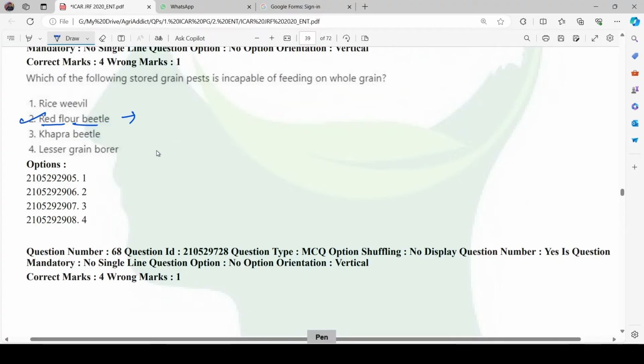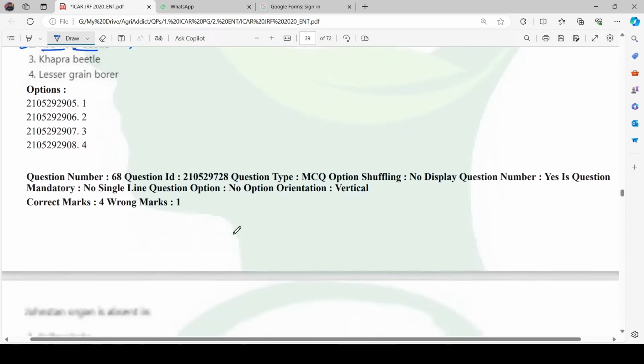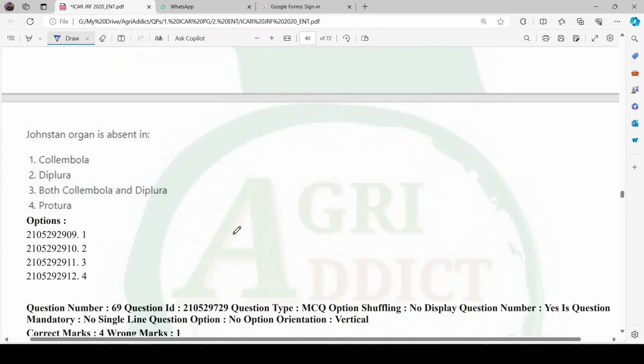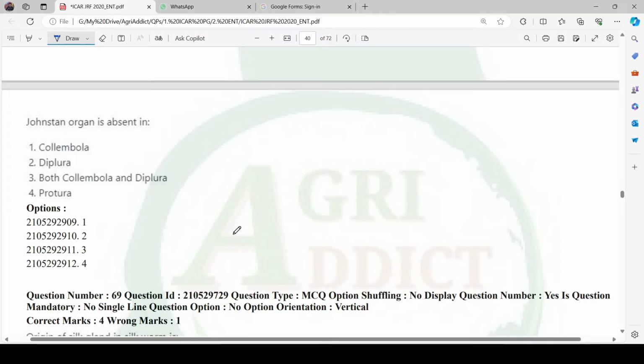So the next question is question number 68. Johnston's organ is absent in Collembola, Protura, and Diplura.